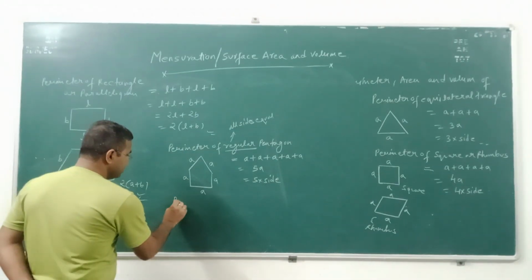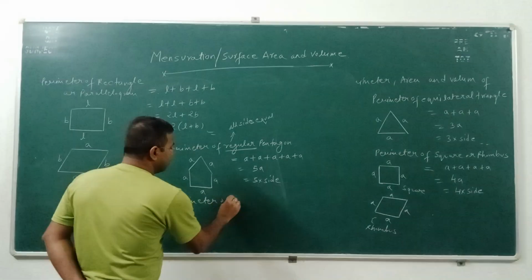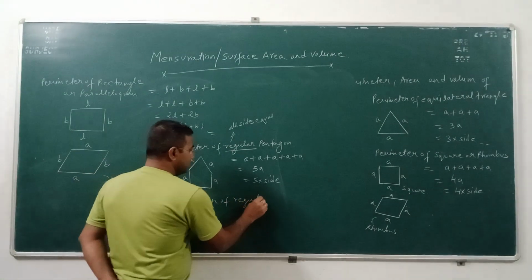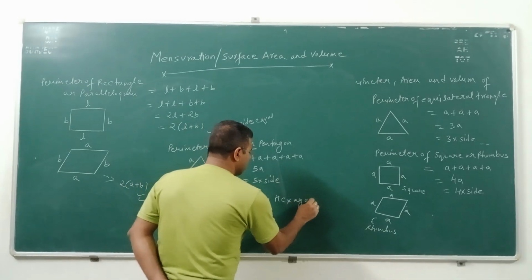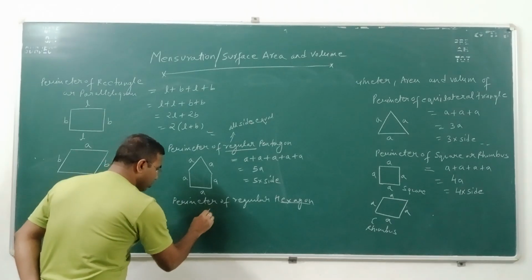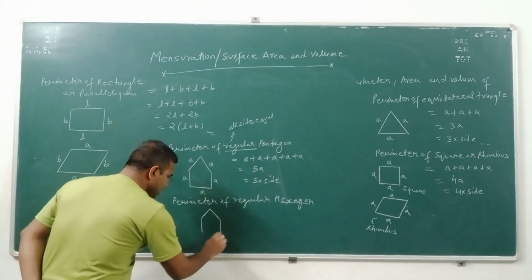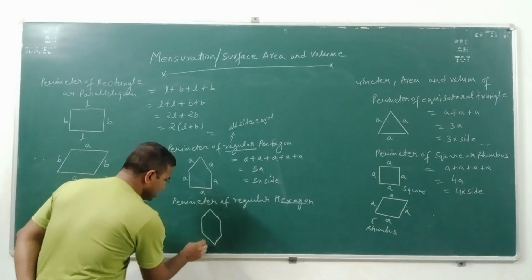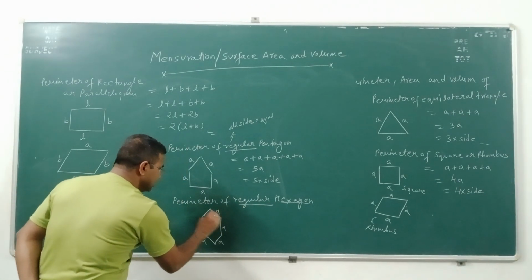Now see, perimeter of regular hexagon. So as you know, the hexagon is what? A polygon formed by six line segments, and regular indicates that all sides are the same.